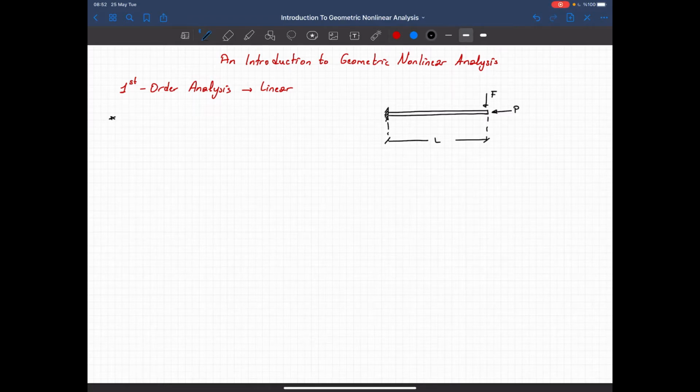So what we were doing is we were looking at this picture, at this structure, undeformed shape, and we write our equilibrium equations. So we are saying that the equilibrium equations are written with respect to undeformed configuration.